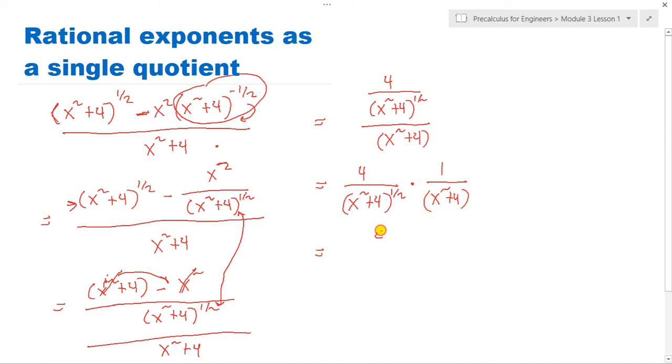So, 4 times 1 is 4 all over, since pareho sila ng base, x squared plus 4 and x squared plus 4, just add their exponents. So, 1/2 plus 1 is equal to 3/2. So, we have 4 all over x squared plus 4 raised to 3/2. So, ganun lang, class. Ito lang yung final answer natin.